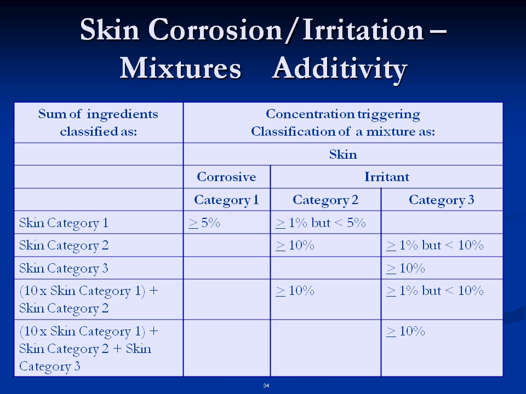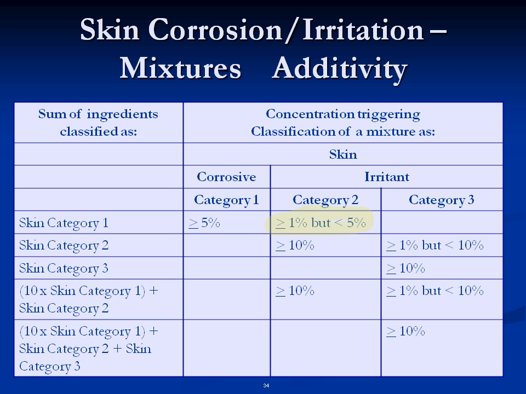If I have 2% of one ingredient that's classified in category 1 for skin corrosion, and I have 1% of another ingredient that's a corrosive, that would give me a total of 3. And if that was all, that's where I'd start on this process. I would come to this table and I would see that 3% total of skin category 1 would put me into skin category 2. That's because I'd have 3%.